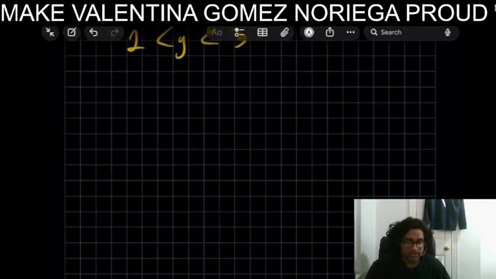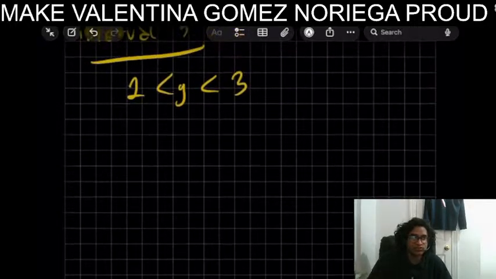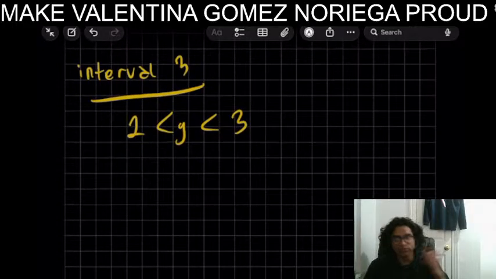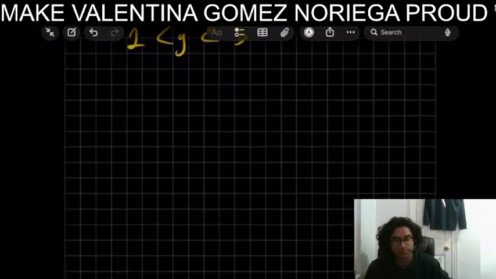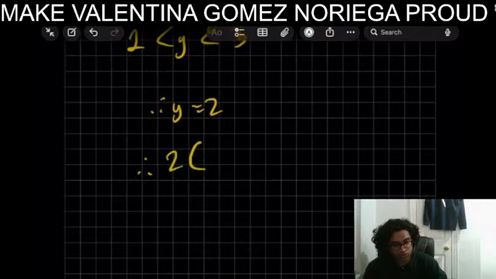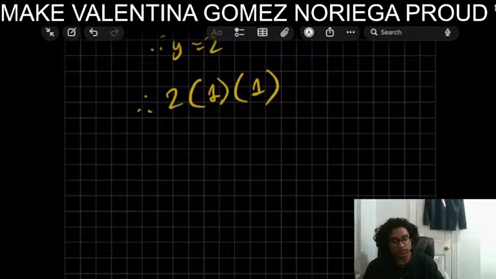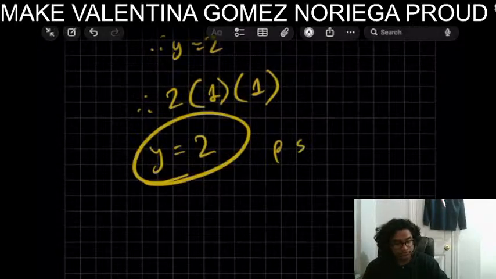Interval 3, for when y is between 1 and 3. Obviously you're going to go for 2, because you can go for 2.1, 2.2, 2.3, nobody's stopping you, but in general, common sense, you're going to go for 2. So if y is equal to 2, then I'm going to have 2 minus 1 is 1, 3 minus 2 is 1. So 1, 1, 2, 2, positive.